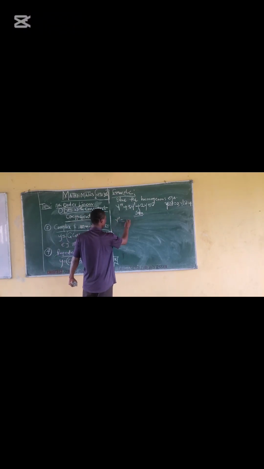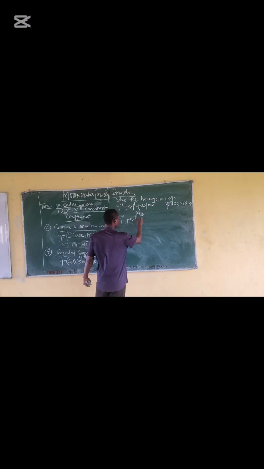All right, so from our basic knowledge of calculus, we know that y prime prime is also the same thing as d squared y over dx squared. So let's just bring down our expression. So I'm going to have y prime prime plus 3y prime plus 2y equal to 0.